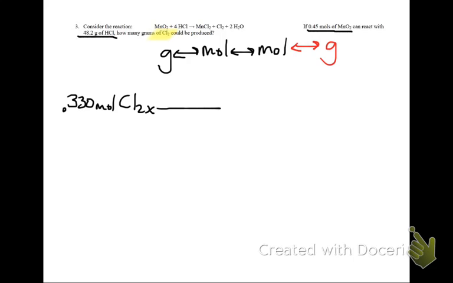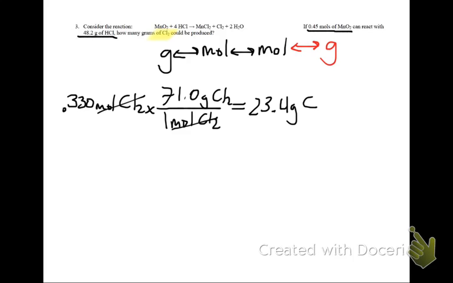And we're going to just convert that over to grams. 1 mole of Cl2 is 71 grams of Cl2. Moles cancels out moles. And we calculate that to be 23.4 grams of Cl2. So from those two reactants, 0.45 moles of manganese dioxide and 48.2 grams of hydrochloric acid, we can produce 23.4 grams of chlorine gas.